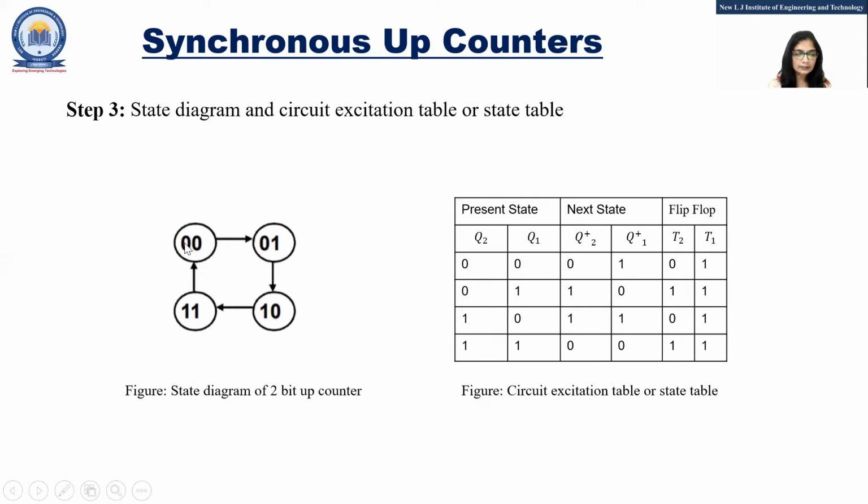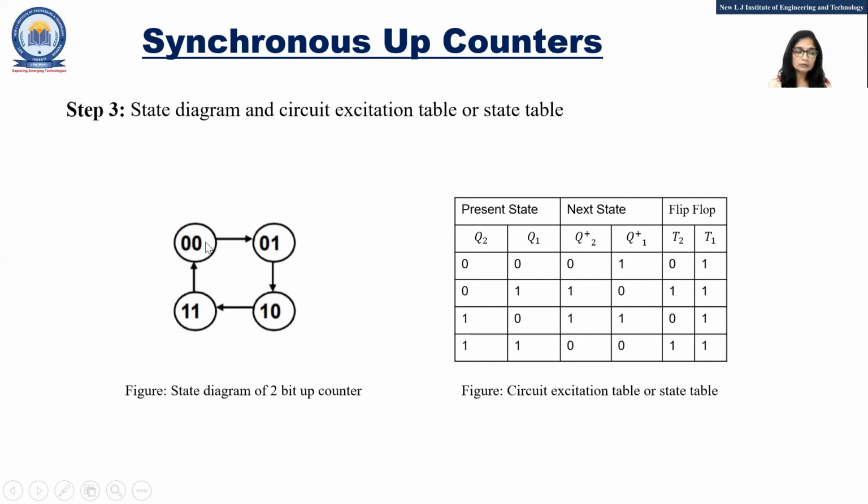This is what the state diagram means. The first state is 00, then the next state is 01, then 10, and the last state is 11. Then the counter restarts after this count, so again it starts counting from 00. This is an up counter, as we have seen in the asynchronous counter.